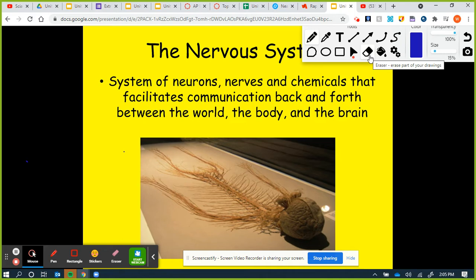At the most basic level, it is made up of neurons, those tiny cells that communicate with each other and send messages from the brain out to the body and vice versa. The nervous system includes all of these neurons, nerves, and the chemical messengers, the neurotransmitters, that they use to communicate back and forth.